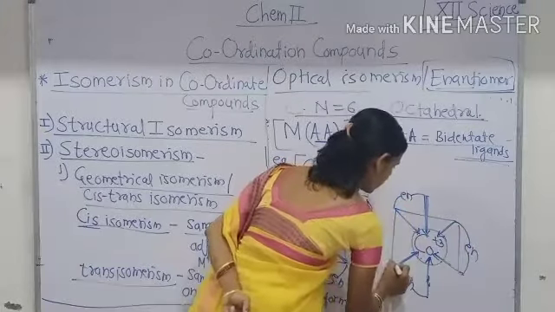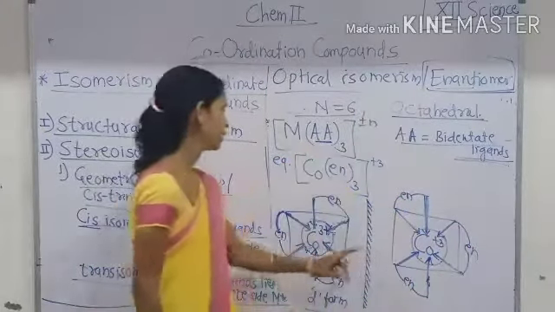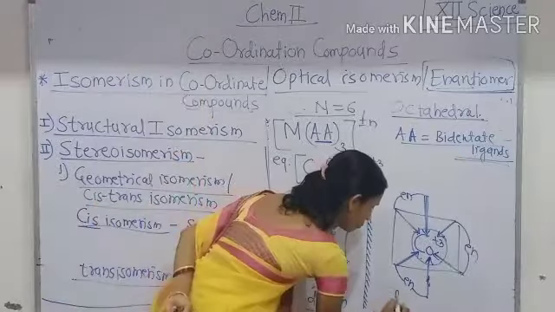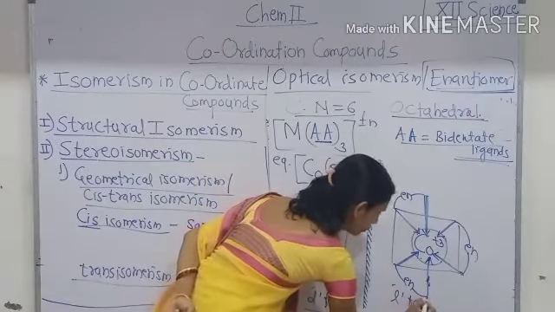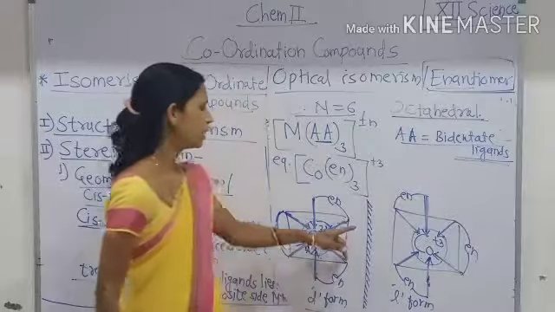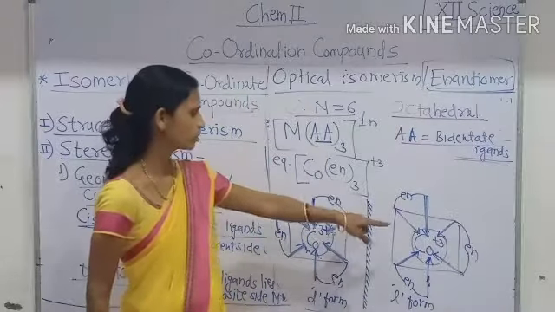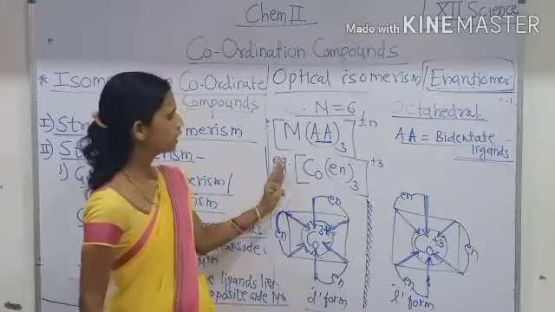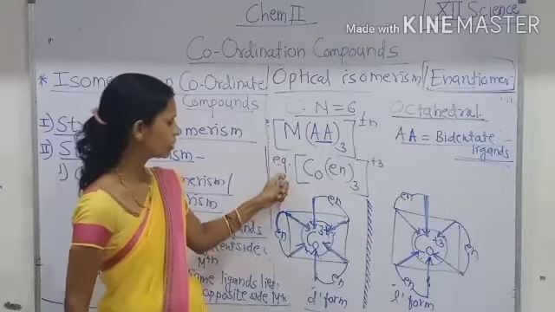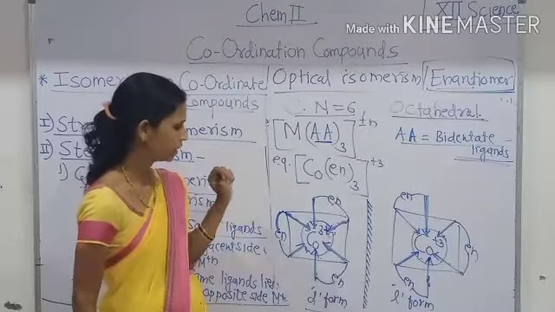See here, that is the L form of the enantiomer or optical isomer shown by this type of complex.